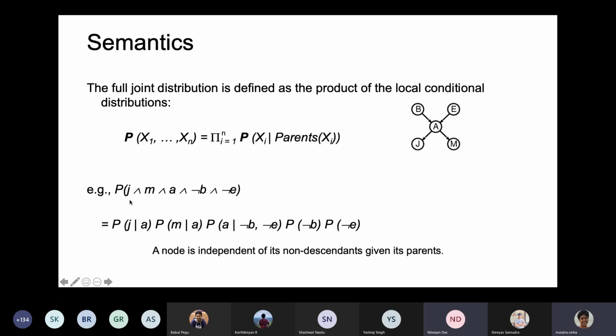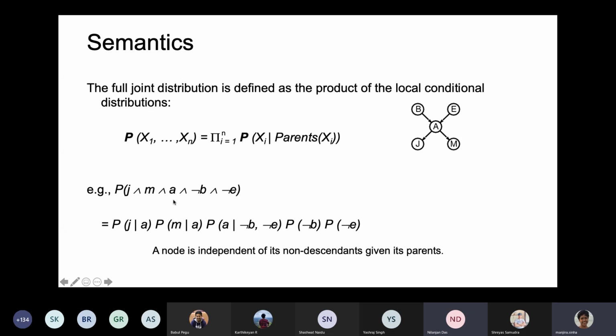We know that the probability of J is only dependent on A, so this will be probability of J given A. Probability of M is only dependent on A, so it will be probability of M given A. Now J and M are conditionally independent given their parent, so the joint probability of J and M will be probability of J given A times probability of M given A, correct? And then we also have the probability of A.